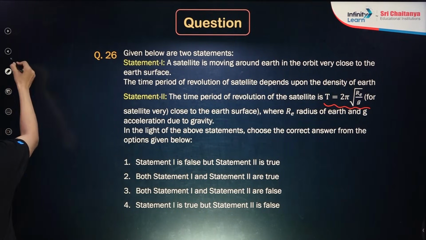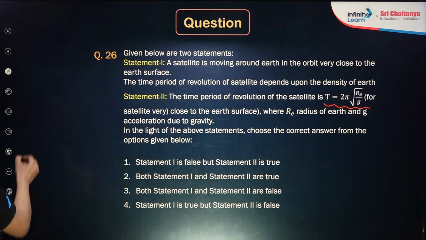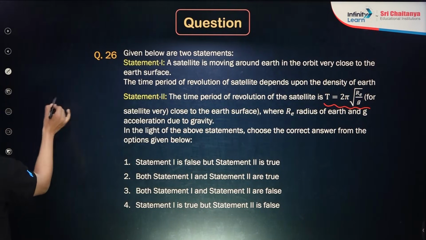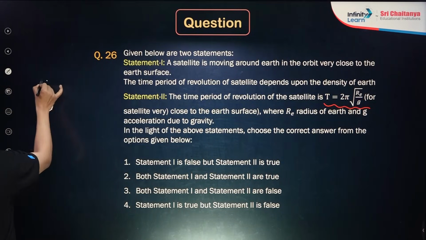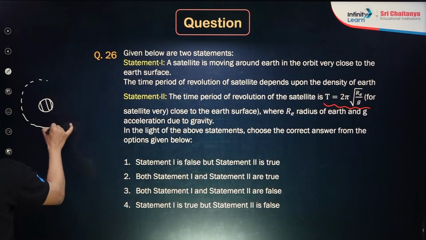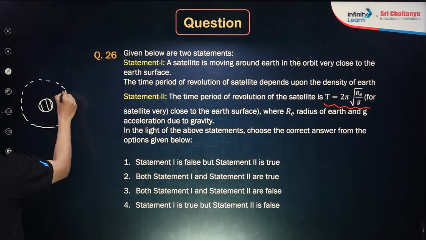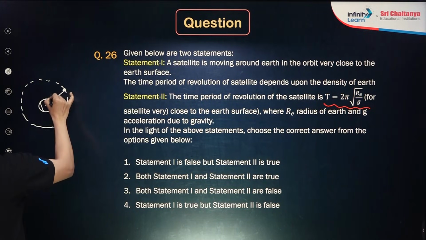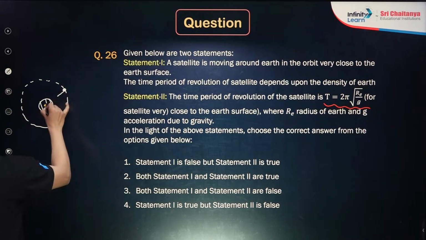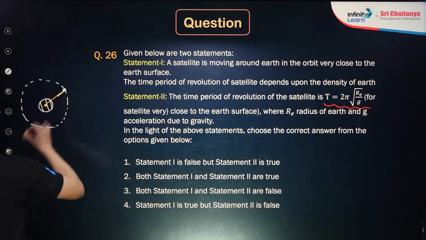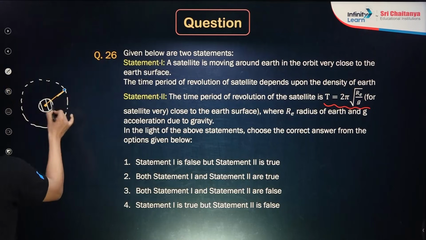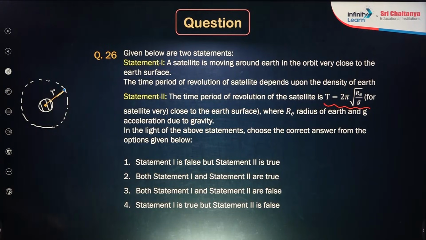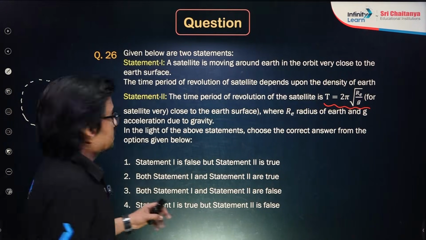Suppose this is Earth here and there is a satellite moving around it. Here is the satellite. I am assuming the radius of the orbit to be small r.